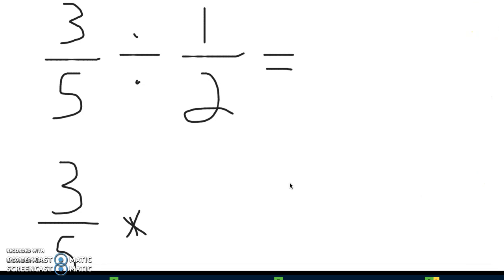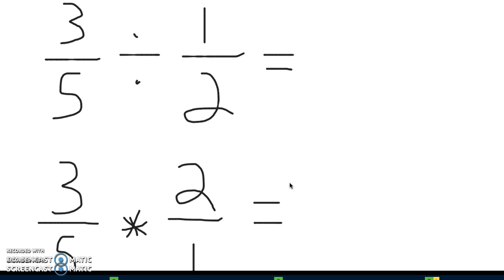We can do that because multiplication and division are inverse operations. So since they're inverse operations, that's where that third word of flip comes in. So flip means we have to take 1/2 and we have to flip it to make its reciprocal, which is 2/1. Now, instead of dividing, what we're actually going to do is multiply.